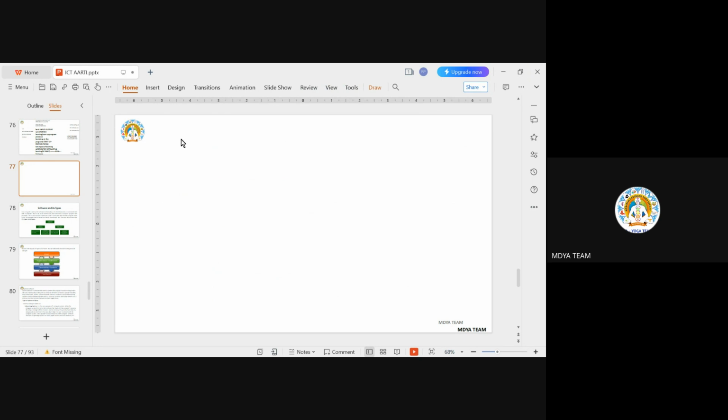Sometimes questions come in the exam. What is B scope? Please note this word, B scope. Sometimes they can ask whether this word comes under hardware or software. This comes under software.